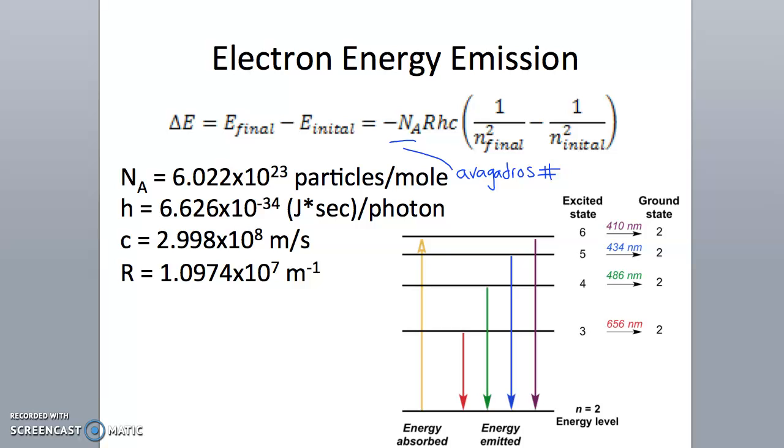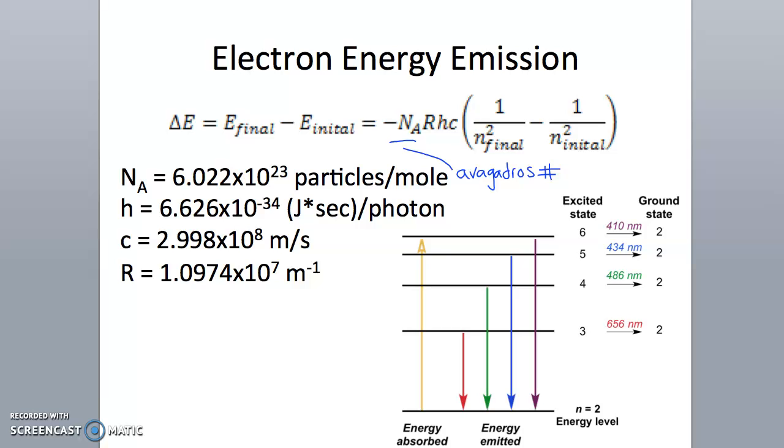We can also calculate the energy when we go from one n to another n, and we've got the equation here. And this one also includes Avogadro's number, so we could do this for a mole of photons if that was the case. And this is derived from the previous equation.